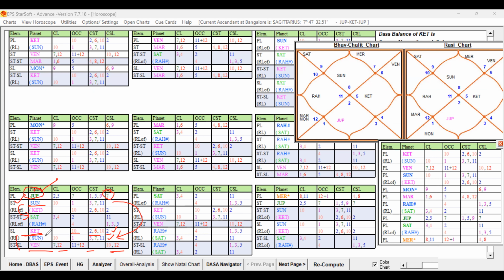And indirectly, through the Sun, it is getting a connection to Jupiter. And Jupiter is also forming a ruler link to the Sun. So the ruler link from the source planet, a strong favorable key planet, is present at the star level and indirectly at the sub level.